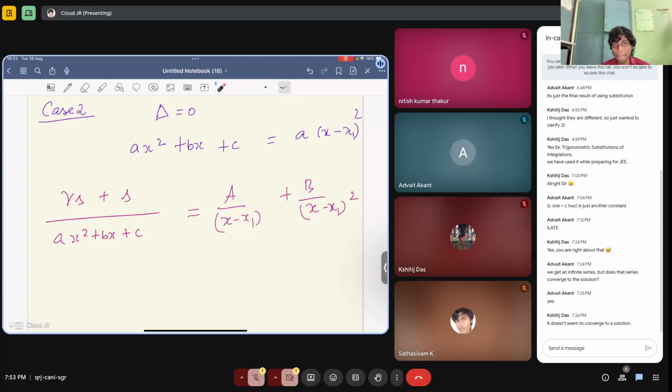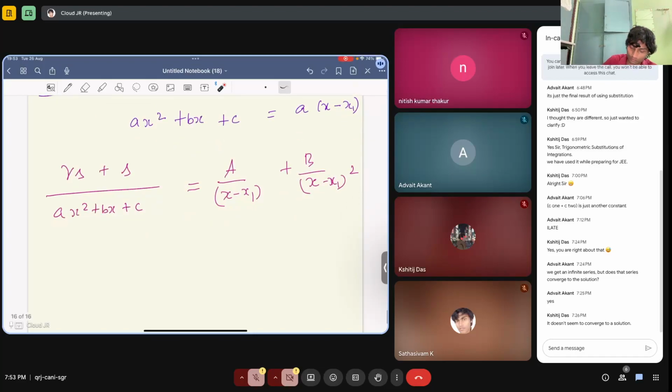Okay, so that is something to think about. What if, instead of square, suppose I don't put it, then what happens? So you think about it. Any idea why you need a square?